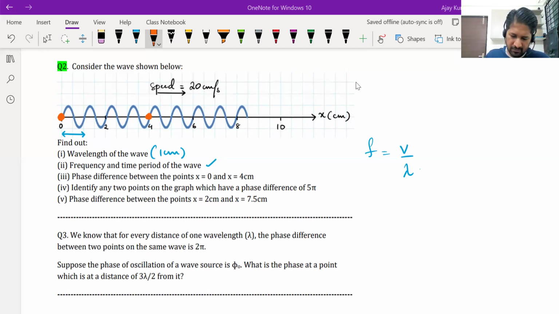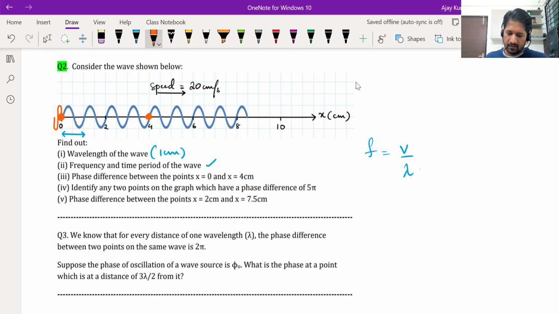See, every time the source completes one oscillation, one pulse will get generated. And every time the source completes one oscillation, the phase advances by 2 pi, because this is a sinusoidal wave. For a sine function, the period of repetition is 2 pi. So every time one pulse is generated, the phase advances by 2 pi.